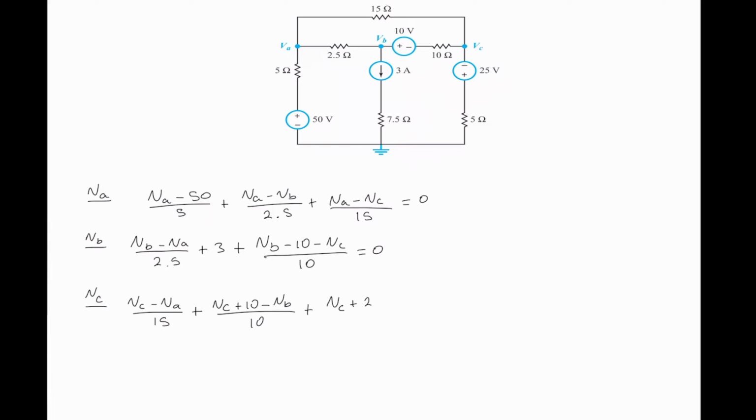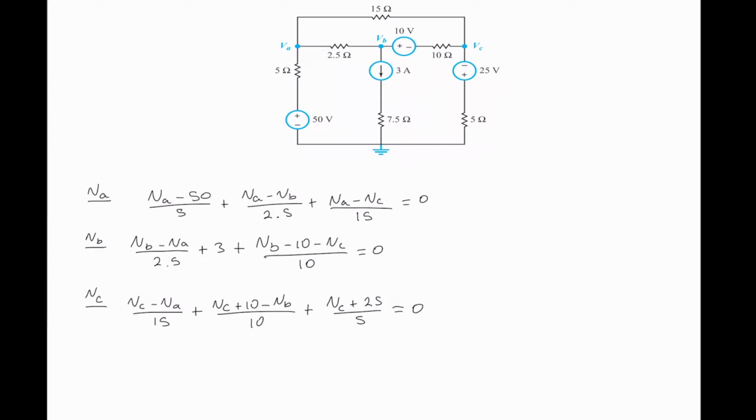So that's positive 25 volts, and that's all over 5, and that is equal to 0.